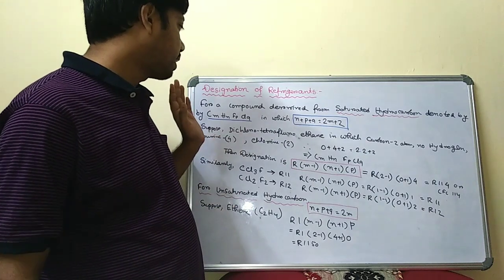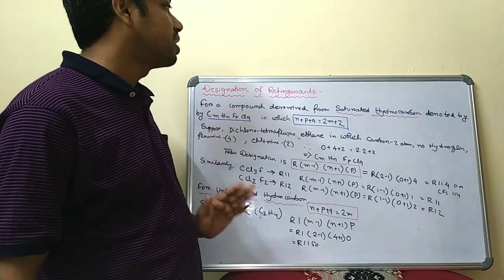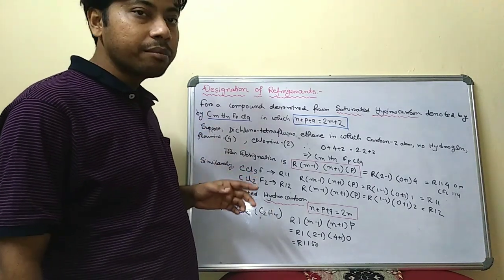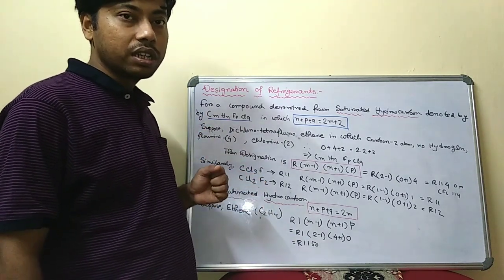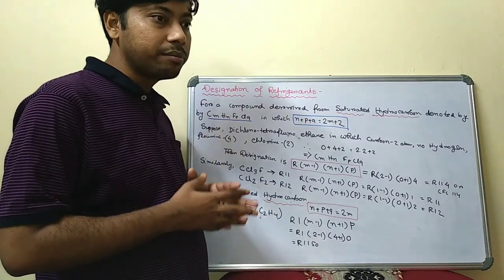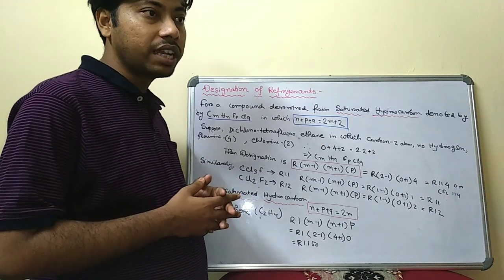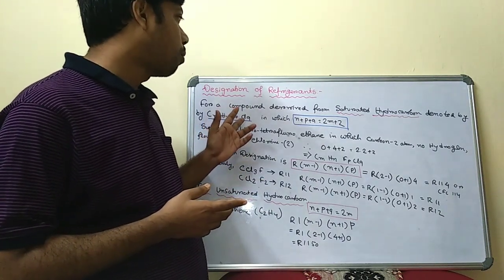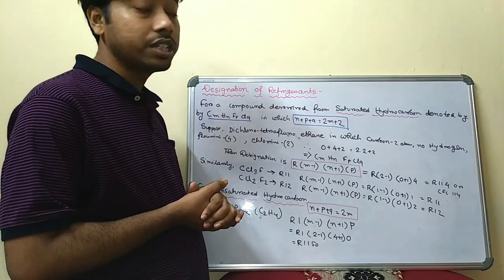A compound which is basically a saturated hydrocarbon is designated by CmHnFpClq. Here carbon, hydrogen, fluorine, and chlorine are the main components of a halocarbon refrigerant. These compounds are derived from the saturated hydrocarbon.